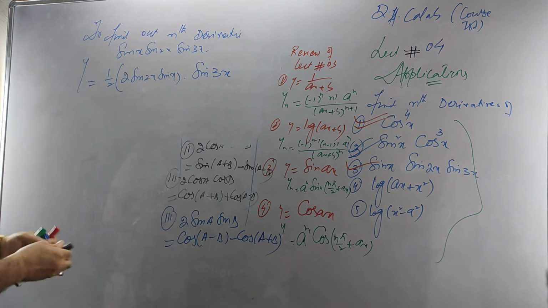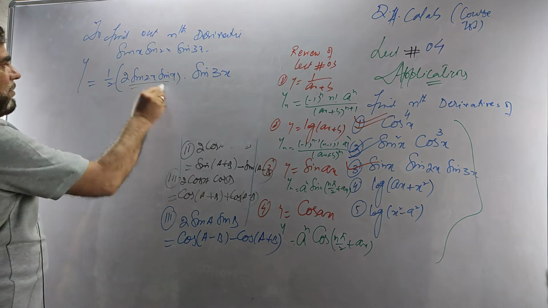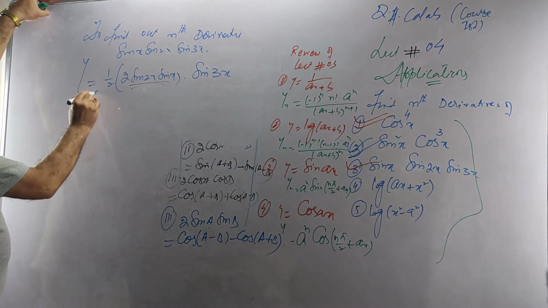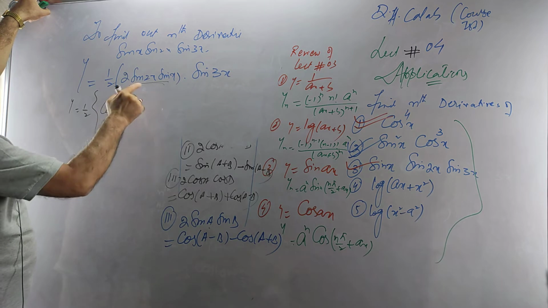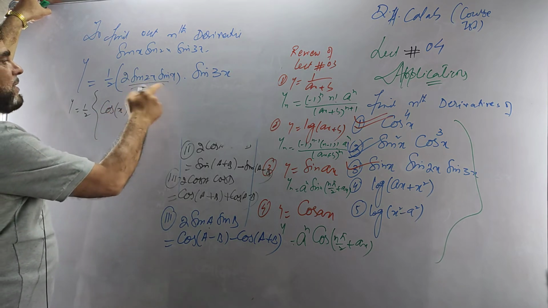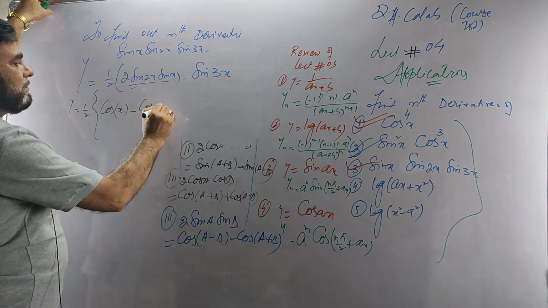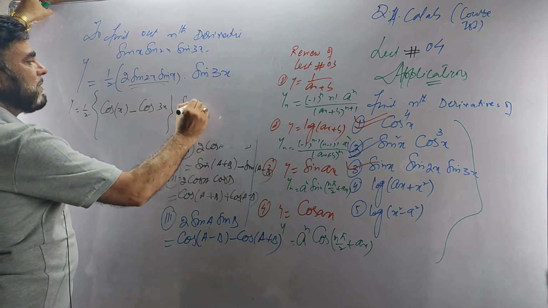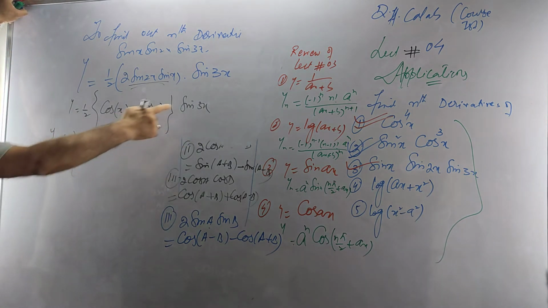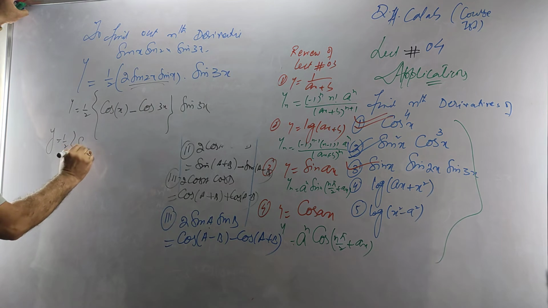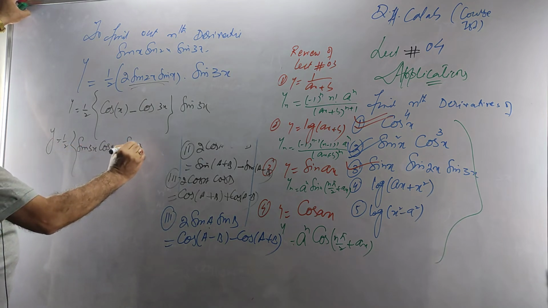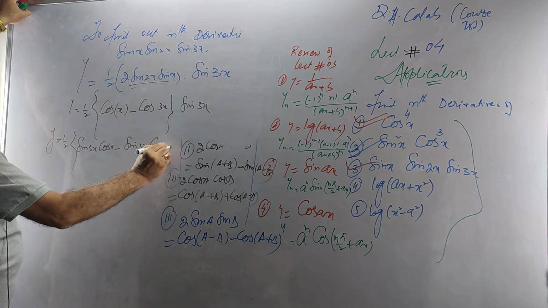Okay, now twice sin A sin B, you can use this formula: cos of A minus B minus cos of A plus B. So y is equal to 1 by 2, cos of 2x minus cos of 4x, then sin 3x. This is y, 1 by 2, multiplied by this: sin 3x cos x minus sin 3x cos 3x.